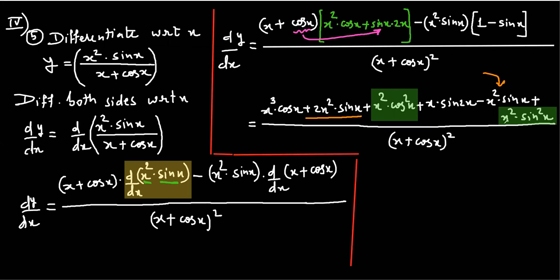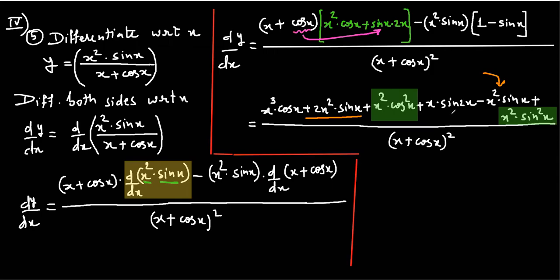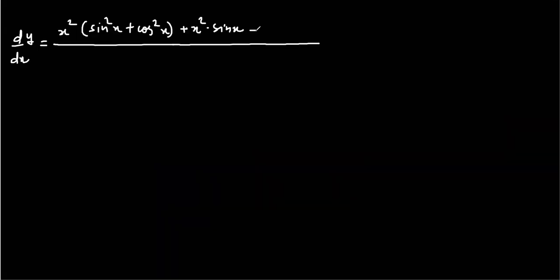So I will get here plus x square sine x. Then here I have x cube cos x plus x into sine 2x, and the denominator was the same since the beginning, which was x plus cos x the whole square.